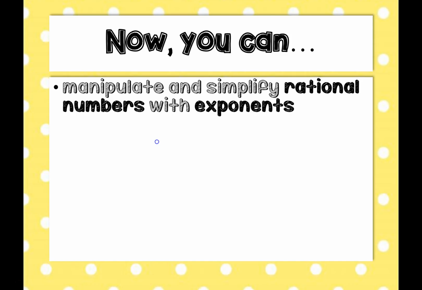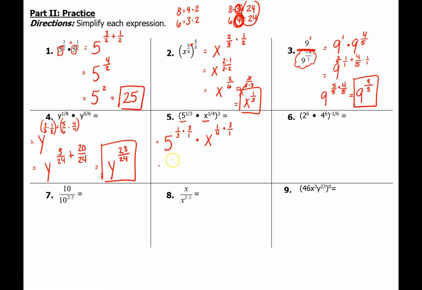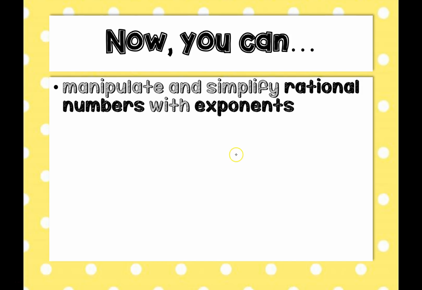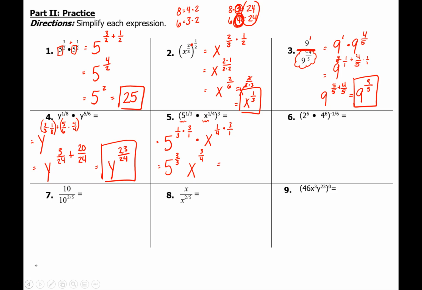So now when I simplify, I get 5 to the 3 over 3, which is just going to be 1, and x to the 3 over 4. So 3 divided by 3 is 1. That's 5 to the first power, so I'm just going to write a 5 and leave the 1 to be understood. And then x to the 3/4 power.